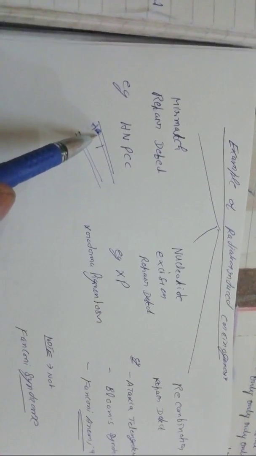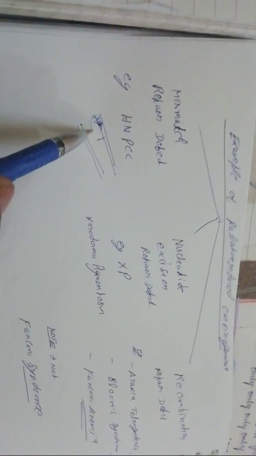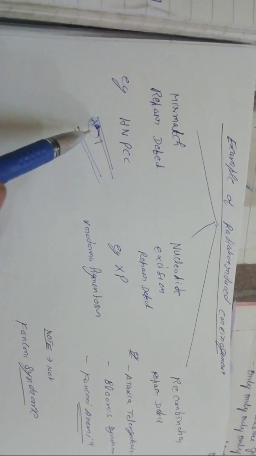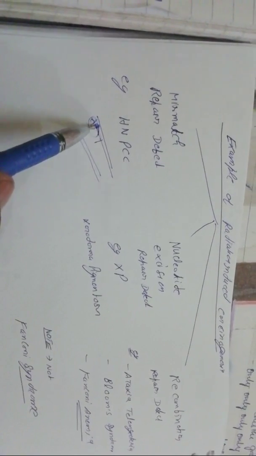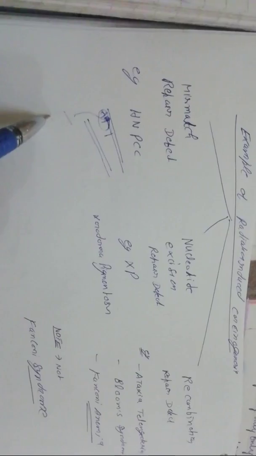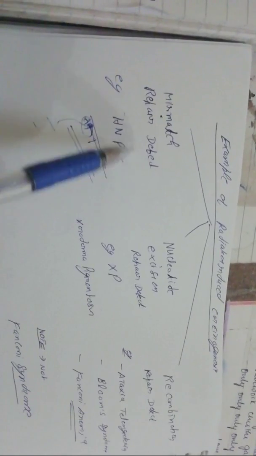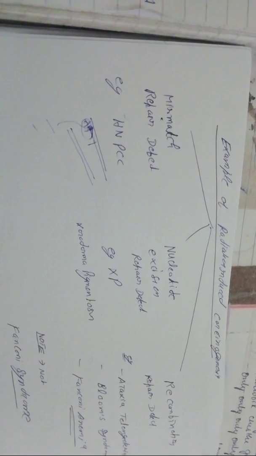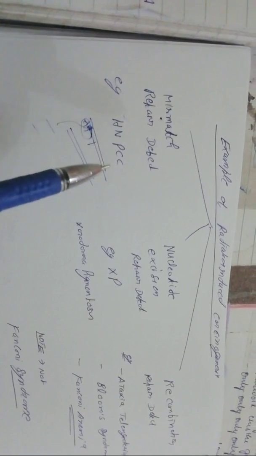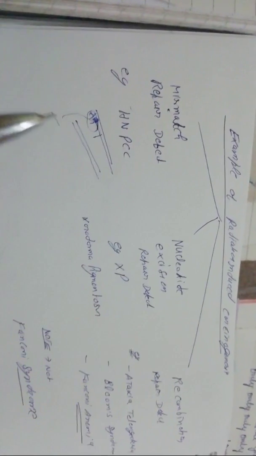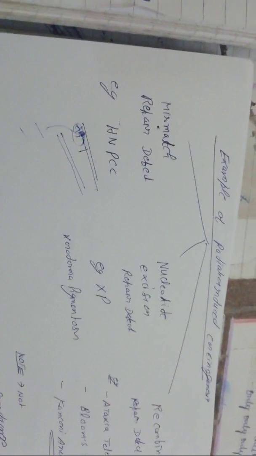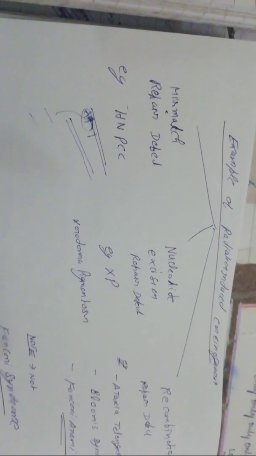Suppose in our body there is a problem in this repair, then you get a mismatch, that forms proteins, and that can lead to cancer. That type of mismatch repair defect is seen in HNPCC, that is hereditary non-polyposis colorectal cancer, right? So this is the basic concept you have to understand. Under the mismatch repair gene, HNPCC comes.